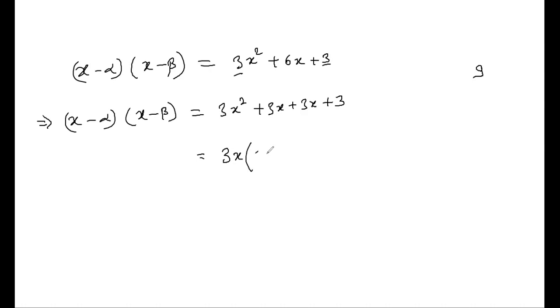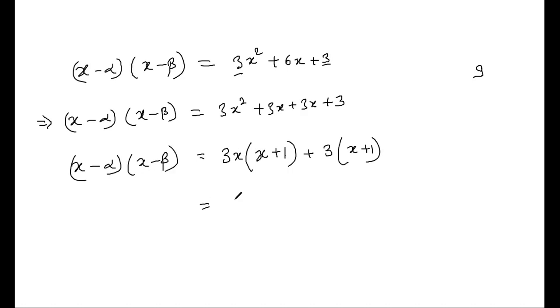So I will get here x plus 1, and when I take here 3 as a common, I will get here x plus 1. So I will write x minus alpha, x minus beta. So you can see here I can write x plus 1, and here I can write 3x plus 3, right? So x minus alpha and x minus beta.